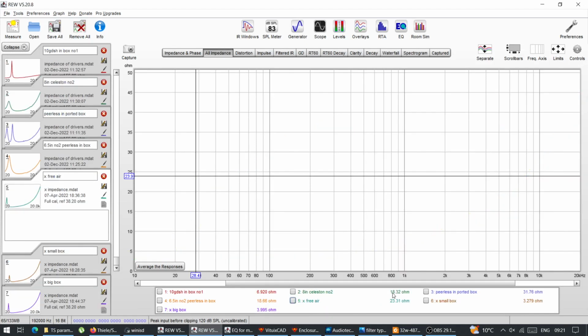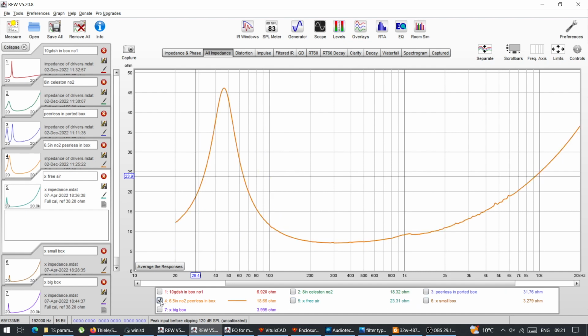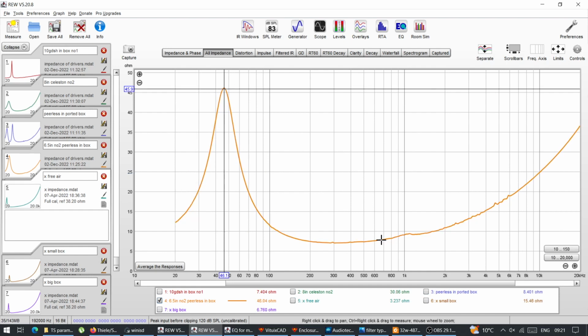So this is a Peerless driver in a sealed box. It has one peak. This is a sealed box, and it has one peak at the FC of the box, a combination of the resonant frequency of the driver itself and the box.